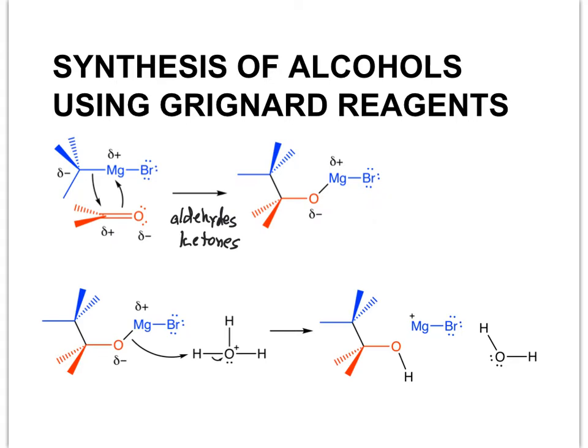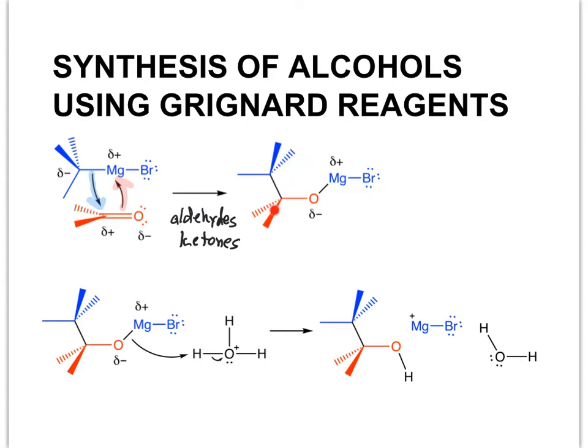So our Grignard can attack the sp2 hybridized carbon. The electrons from the pi system can move toward the magnesium, and the result is a new bond between oxygen and magnesium.